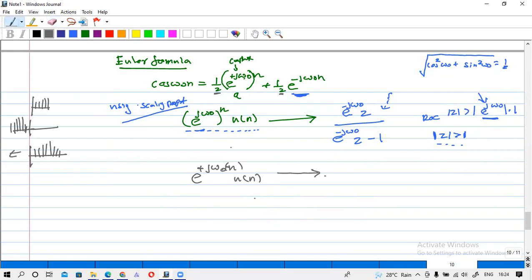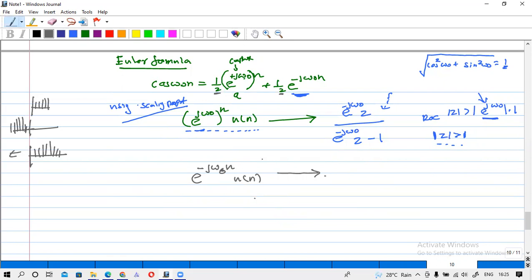Now for this one also you can go through the basic method. The only difference is that here we have a minus.